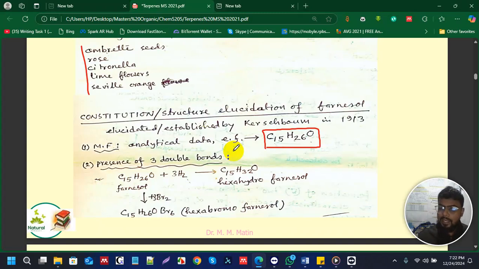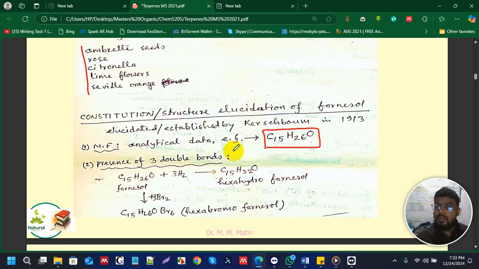If we add 1 mole of hydrogen to a compound, then we can say that the compound contains only one double bond.